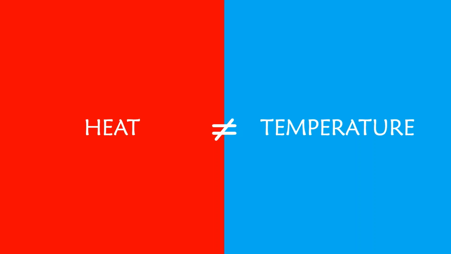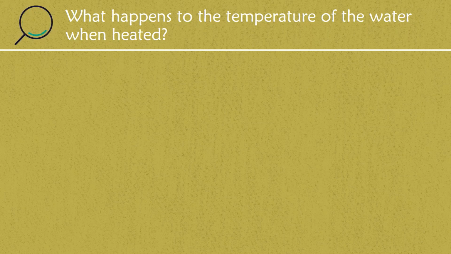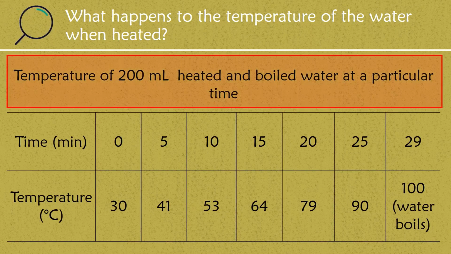Also, you will learn more about heat transfer and the factors that affect the amount of heat an object can absorb or release. What happens to the temperature of the water when heated? In the activity, the temperature of 200 ml heated and boiled water at a particular time was recorded.